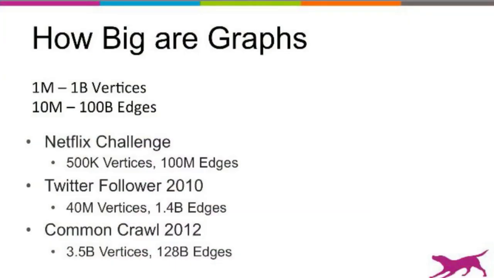The Netflix challenge has 100 million ratings and about 500,000 vertices, which is a combination of users and movies. The Twitter follower graph, as a snapshot from 2010, has 40 million vertices and 1.4 billion edges. And of course, the largest graph dataset, Common Crawl 2012, has 3.5 billion vertices and 120 billion edges.